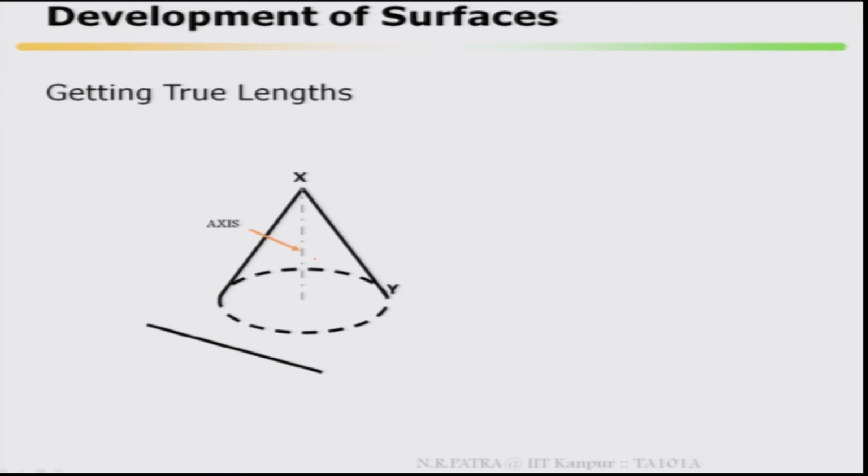This is a cone, there is an axis, then this is your horizontal, that means in the top view how does it look, a circle with a dot, then the front view.